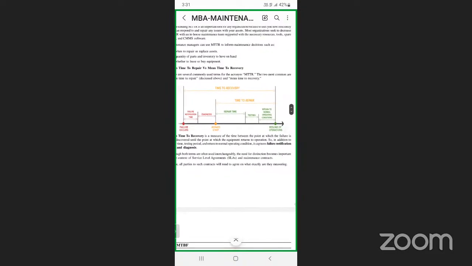If you have done your FMEA thoroughly, diagnosis will take less time, because you know the different ways in which a product might fail. So failure notification time, then diagnosis time, then repair starts. After repair is over, you test it again, then you return to normal operating conditions.